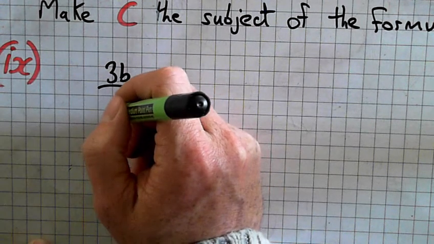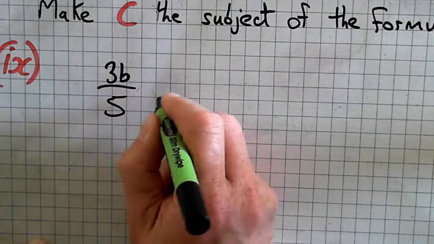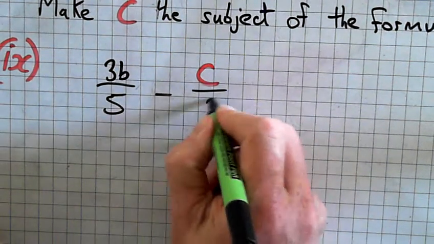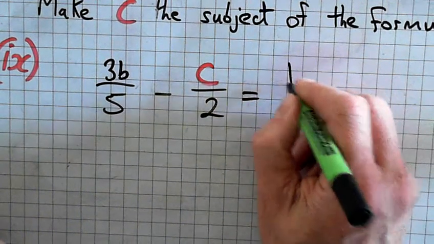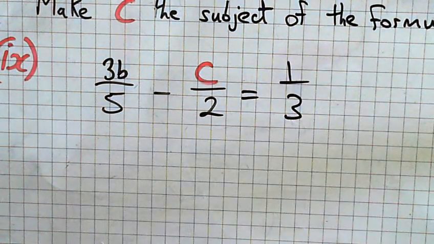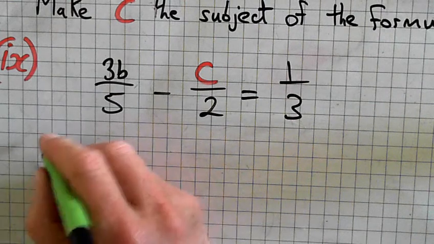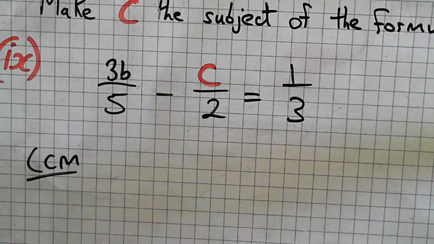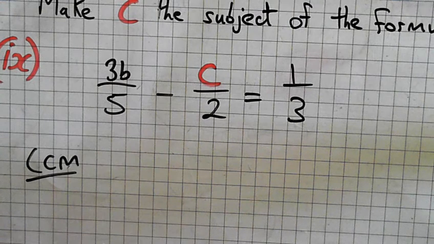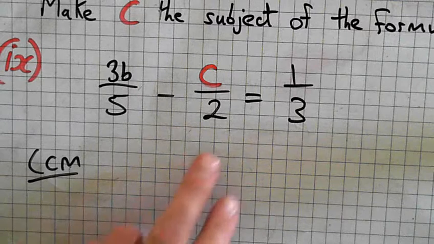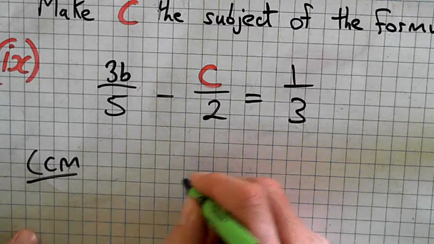So it's 3b over 5 minus c over 2 is equal to 1 over 3. Alright, they're all written as fractions, so that makes it easier. What's the LCM? What did they all divide into? 15? No, 2 won't divide into 15. 30.